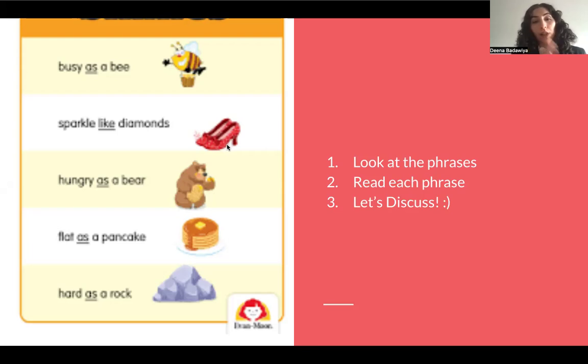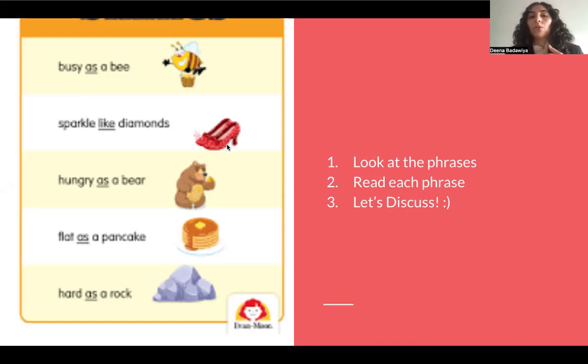Okay, and flat as a pancake. If I say this cardboard is flat as a pancake, right? Or if I see a box on the street and someone goes with the car on top of it, I would say that box is flat as a pancake. What do you think that means? And hard as a rock.